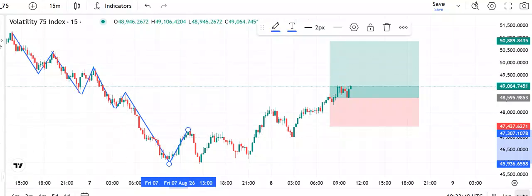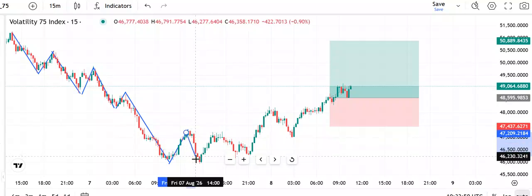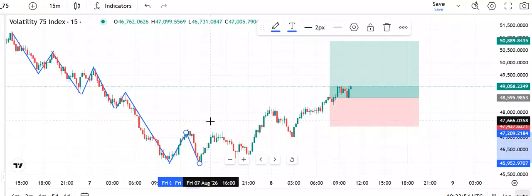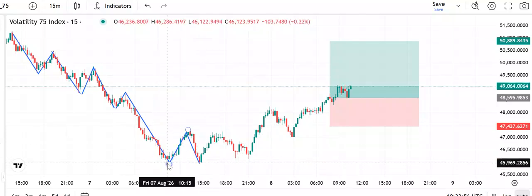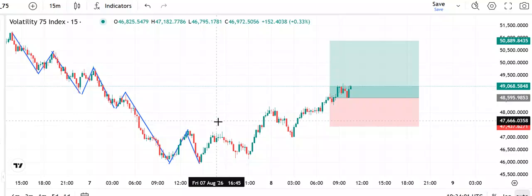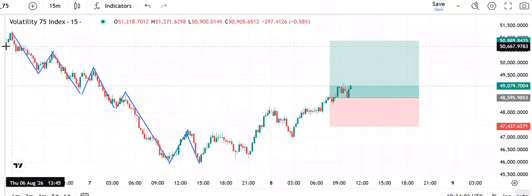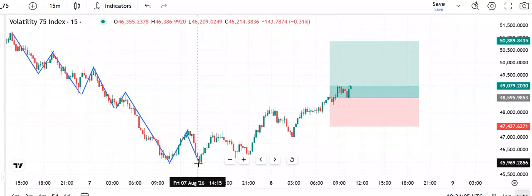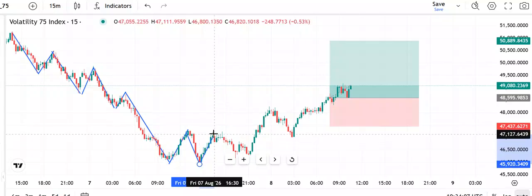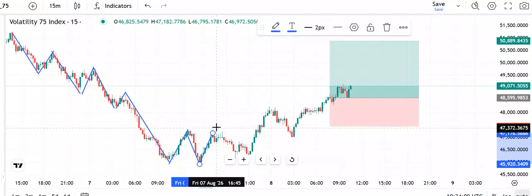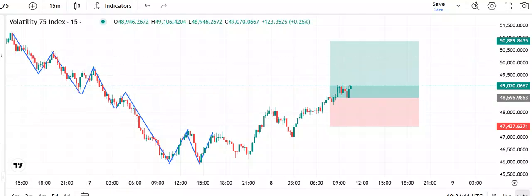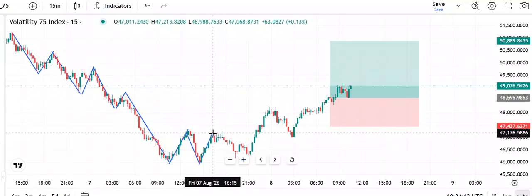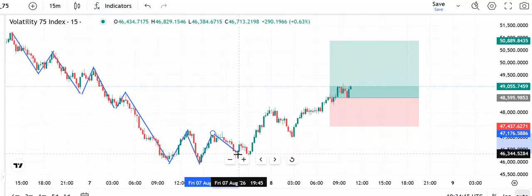and then to here more like higher low, because this low here is lower than this very low, and around here lower high, and then we have higher low around here.